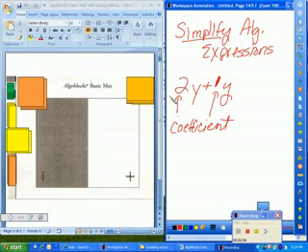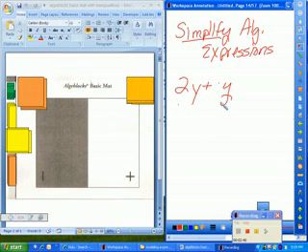The same way that this means 2 times y, this just means 1 times y, or 1y. Now, we don't write it there because it's what we call understood. We all just understand that there's technically a 1 in front of that y, but we don't write it there.